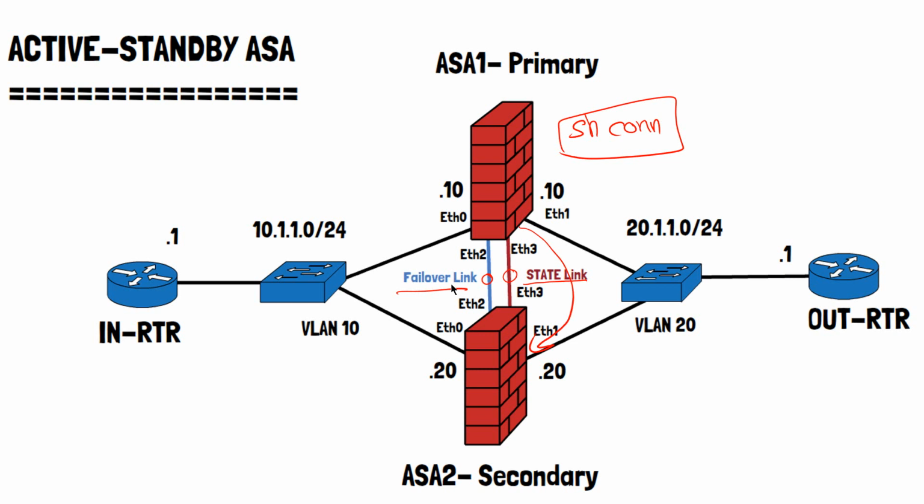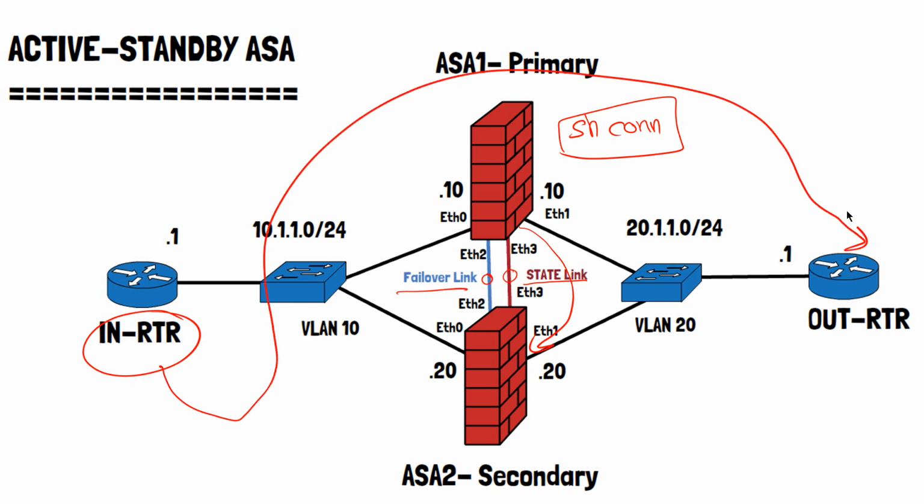It's very useful because supposedly this router has a TCP session going through the active firewall over here, and this guy goes down. The state table was synchronized between them. Now this one is going to take over and send gratuitous ARPs on the network, and this guy's ARP table will be changed, and traffic will start going from this side.